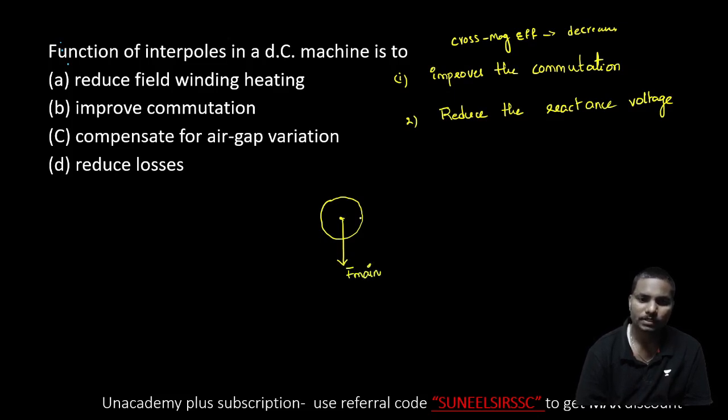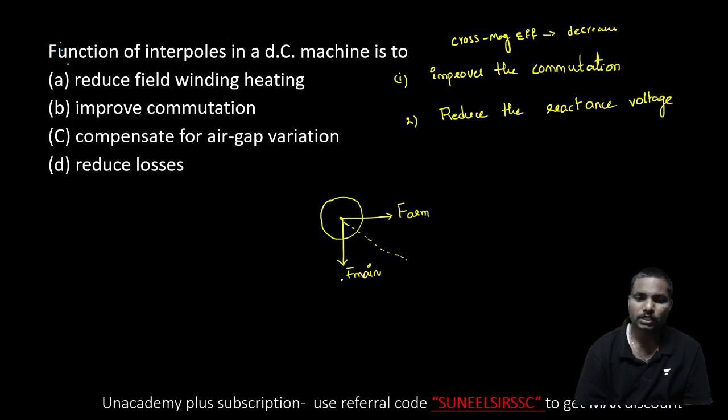Armature MMF is always like a cross. That means here we are getting cross magnetization effect.